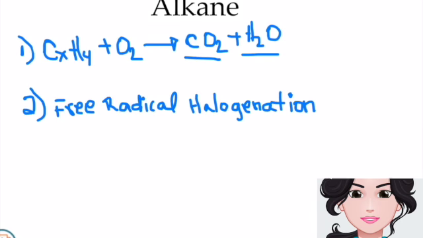They also undergo free radical halogenation, which is an example of a substitution, and you will see this reaction named as chlorination or bromination. This reaction is divided into three steps: initiation, propagation, and termination. Let's focus on free radical halogenation for a second.